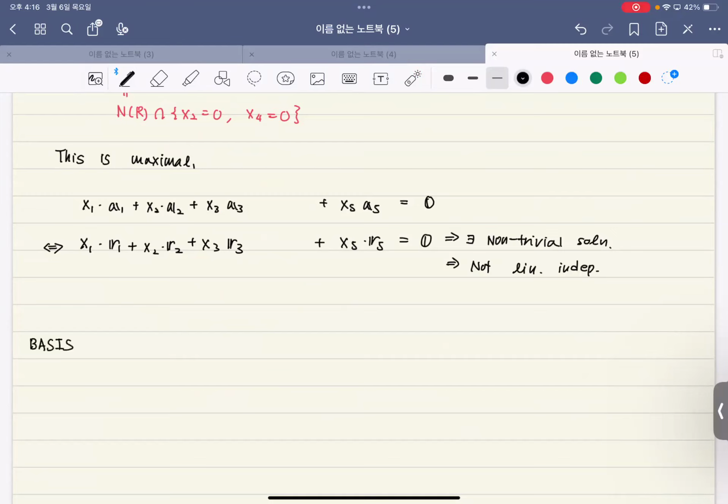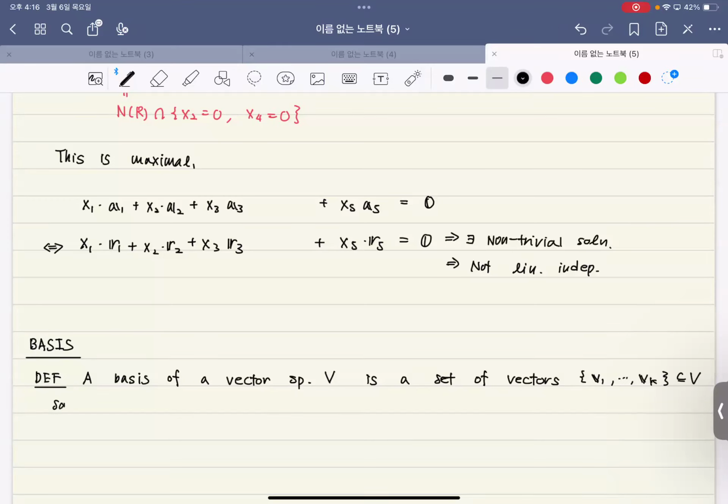Next, I want to talk about the basis. What is a basis? A basis of a vector space V is some collection of vectors satisfying two conditions.